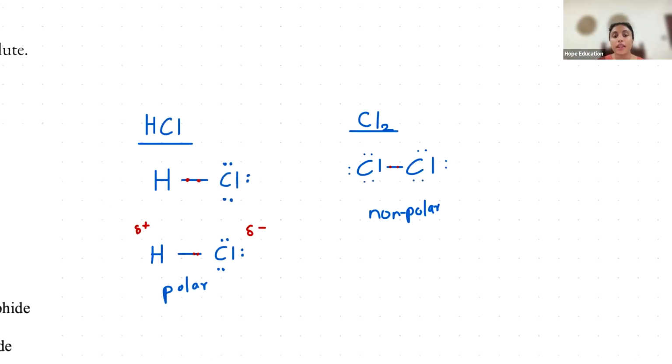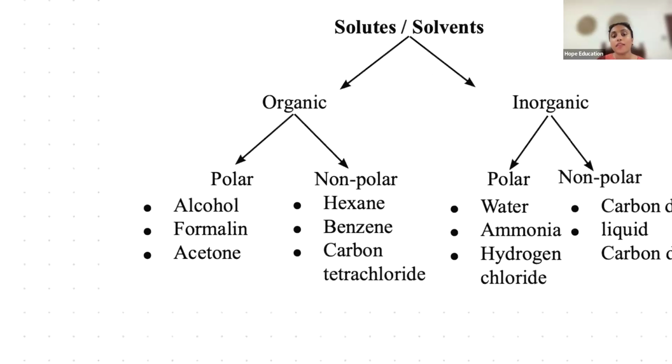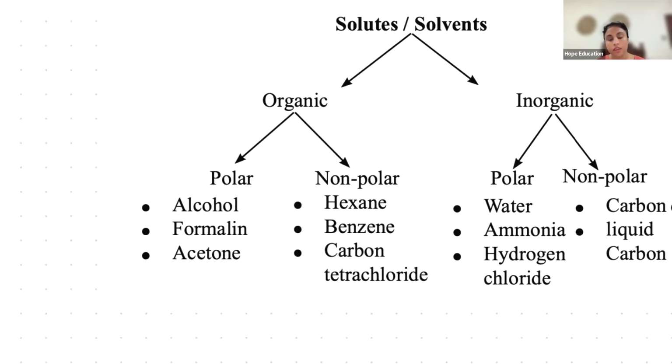If you take organic solutes or solvents, some are polar and some are non-polar. There are many examples of polar ones: alcohol, formalin, acetone. You don't need to remember all of these, just one or two. Non-polar organic solutes or solvents include hexane, benzene and carbon tetrachloride.